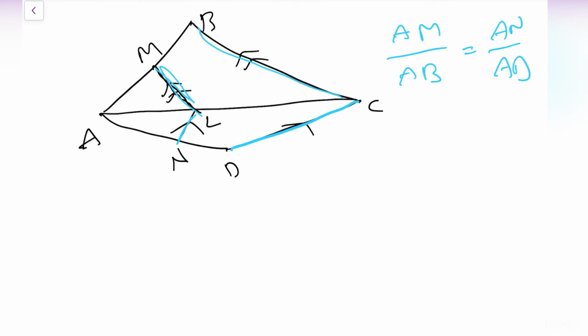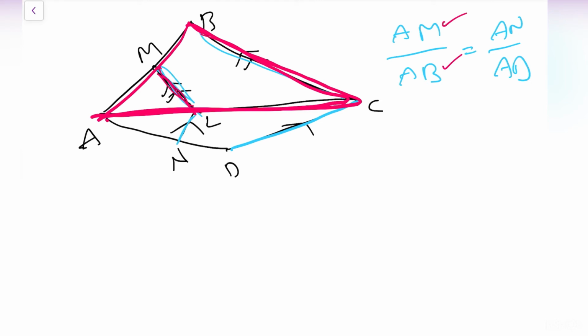Now if we observe clearly, in AM by AB, AM is the upper part and AB is the total. So we need to compare the upper part and the total. Let us check. Now I am going to take the upper triangle, this triangle ABC. In that, he clearly mentioned that LM is parallel to BC.